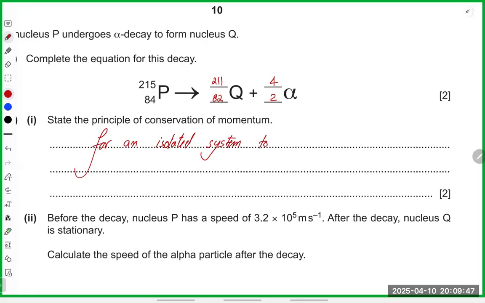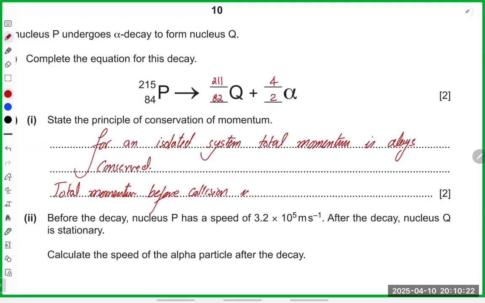Total momentum is always conserved, or you can say total momentum before collision is equal to total momentum after collision.